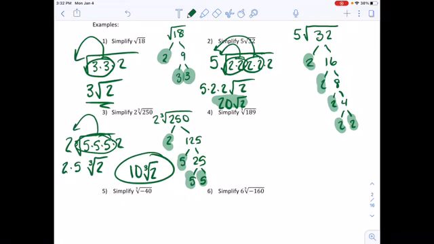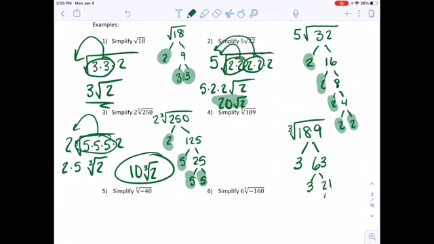Similarly, we can find the cubed root of 189. This is 3, and let's see, 63, and 3, and 21, and 3 and 7.